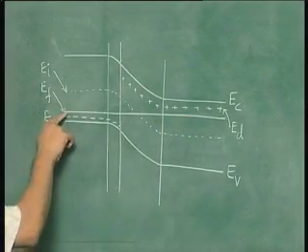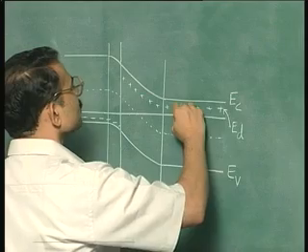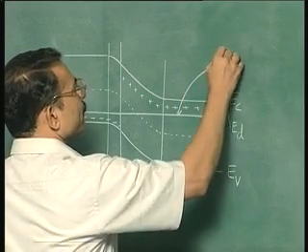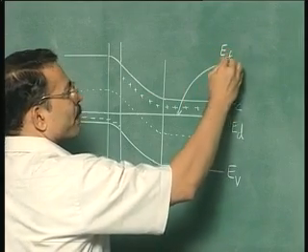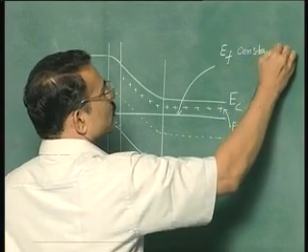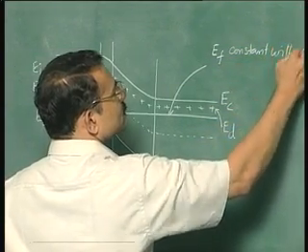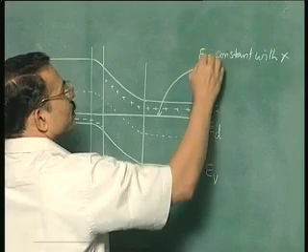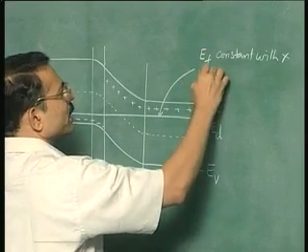So this is the Fermi level, it is constant with x. So EF constant with x, this is the information from the transport equation.